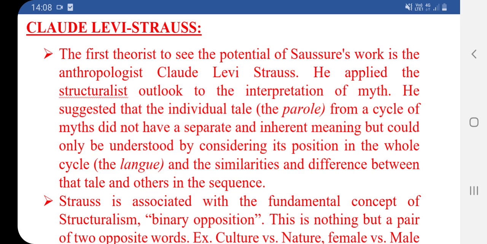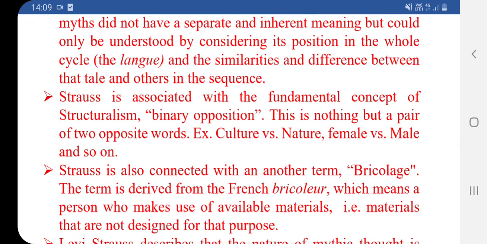Now, Levi Strauss is also associated with some fundamental concepts of structuralism. One of them is binary opposition. Now, what is binary opposition? Binary opposition is a pair of two opposite words. For example, culture is always considered as opposite to nature. Similarly, female is considered as the opposite of male, and there are various examples like that.